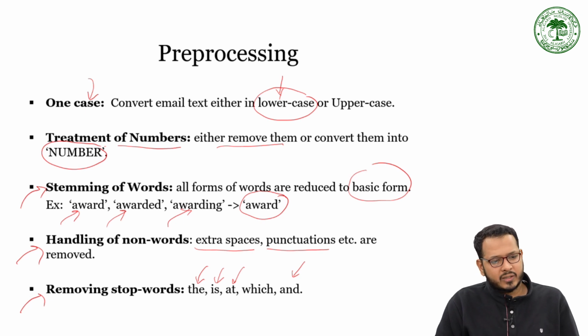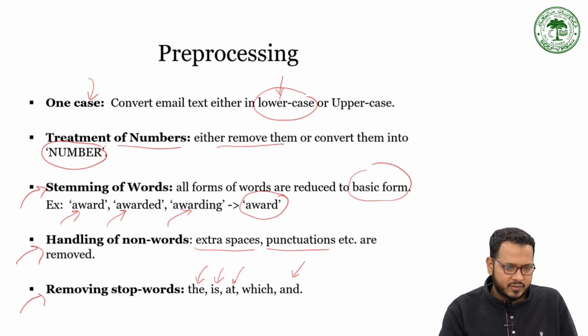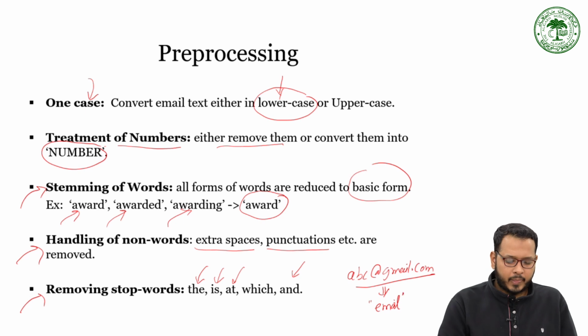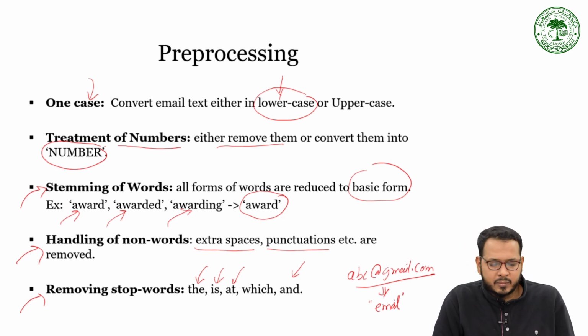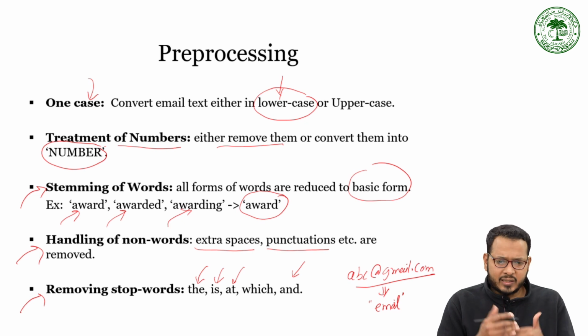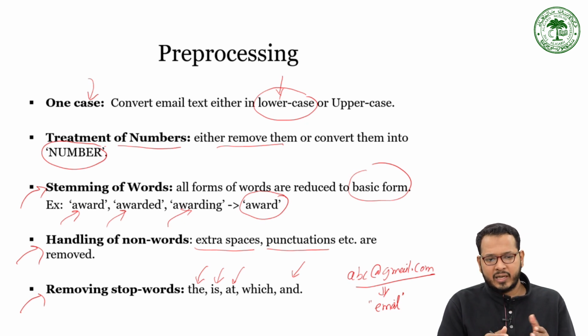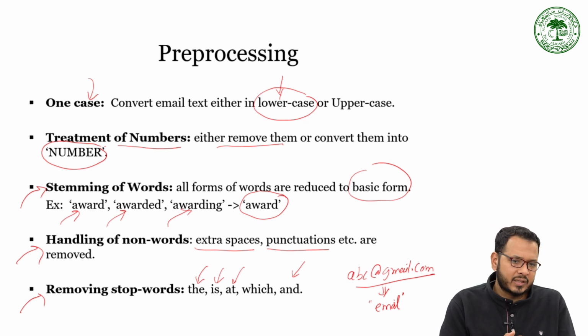Sometimes we also do further processing. Let's say if we have some email address available in the text, then we just replace all the emails with some common string, let's say email. Because from where the email is coming, yes, for early decision making we can check that, but in the text, a certain email address does not affect the classification task.